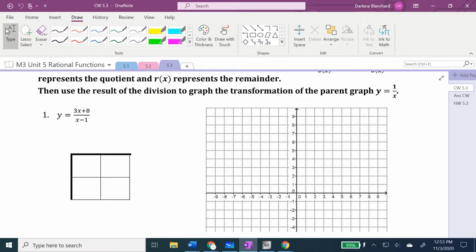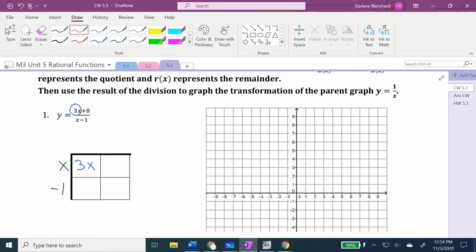If I am dividing by x minus 1, then I'm going to put on the left x and minus 1. Then as I get ready to divide, I take the leading term of what I'm dividing, put it in the upper left box, and then I need to figure out what do I multiply x by to make 3x.